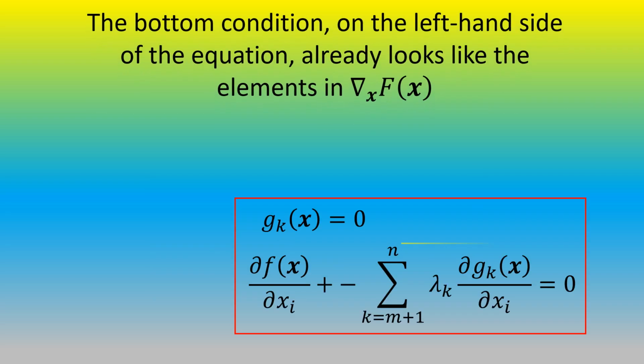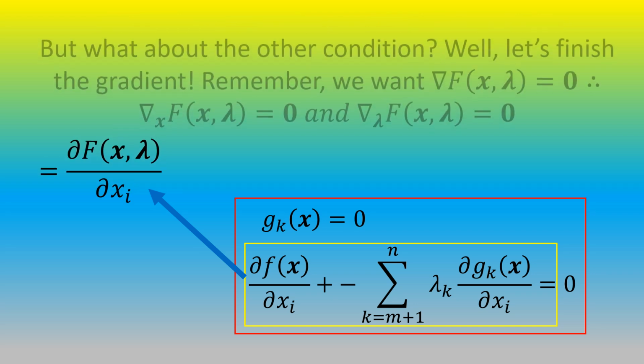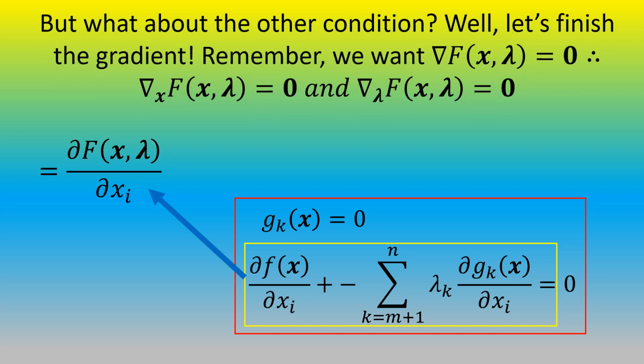The bottom condition on the left-hand side of the equation already looks like the elements in the gradient across the variable x of f of x. But what about that other condition, g sub k of x is equal to 0? Well, let's finish the gradient.